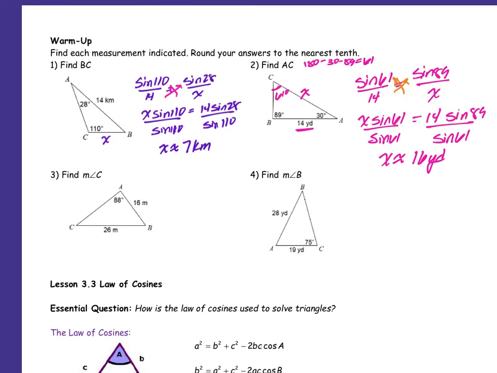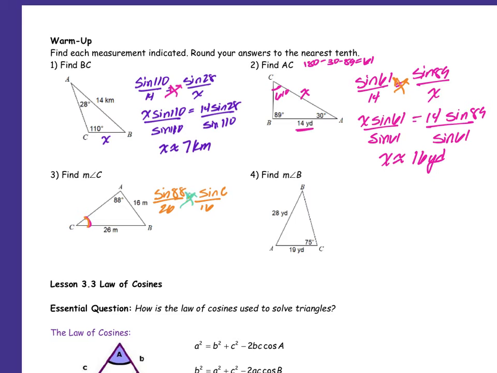Okay, and then for number 3, it says find angle C, so I have everything I need. I've got sine of 88 over 26 equals sine of C over 16.